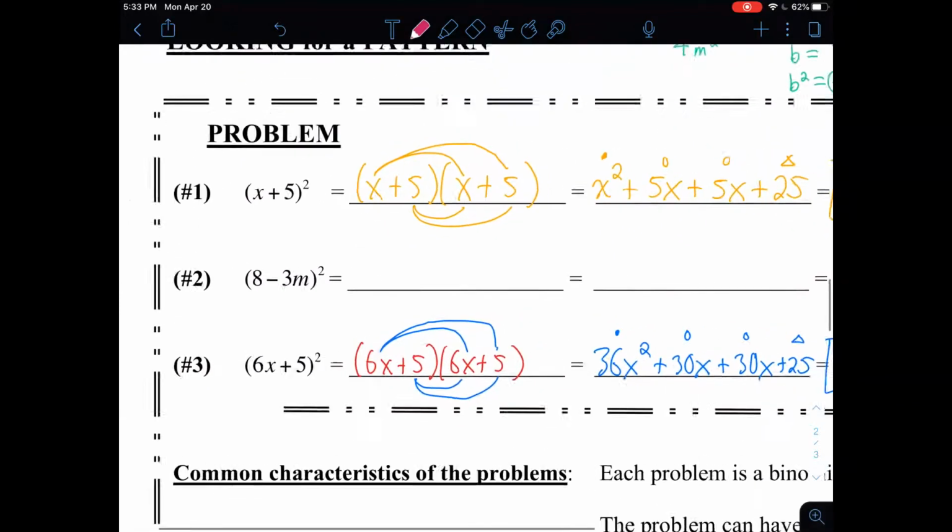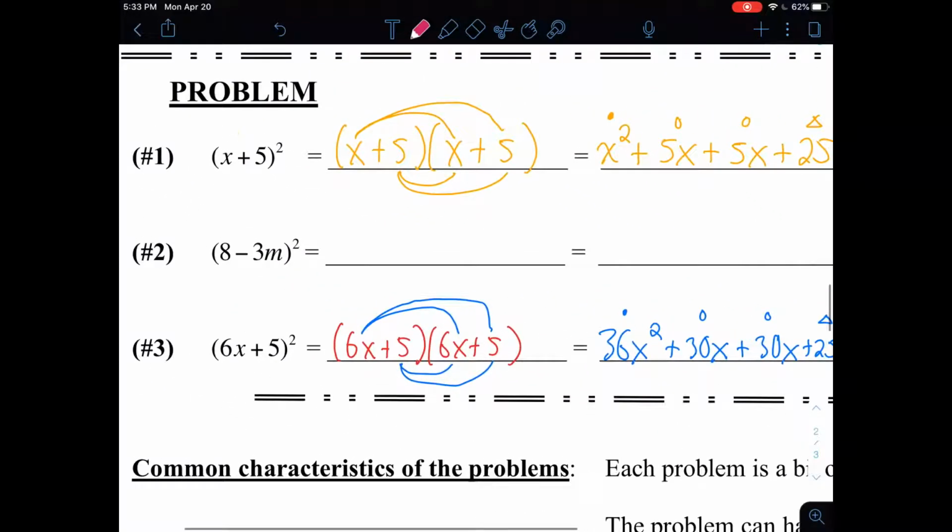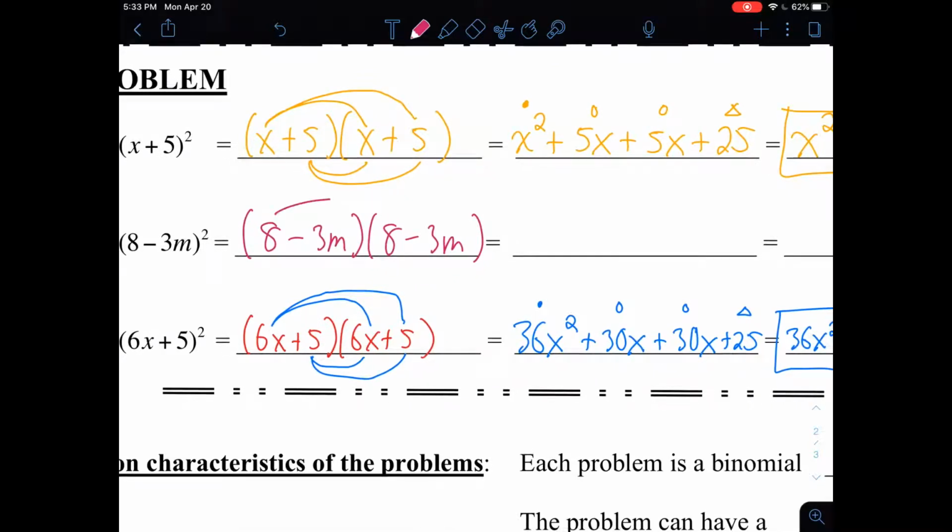All right, and then this last one here. How many 8 minus 3m's do we have? 8 minus 3m squared, so we have 2 of them. Okay, so we're doing 8 times 8, which is 64. 8 times negative 3m, which is negative 24m. Negative 3m times 8, which is negative 24m.